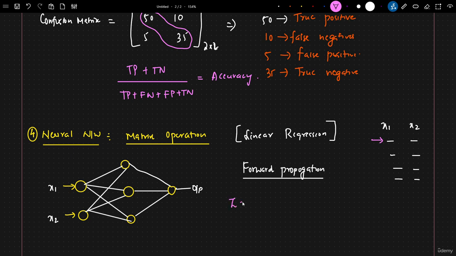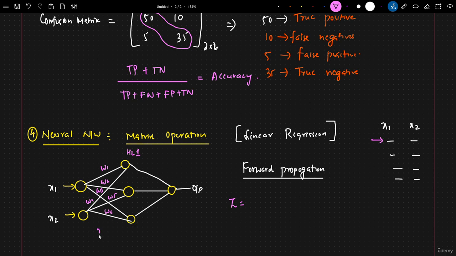Now, my first operation in the forward propagation: when this input is connected to the hidden layer, weights are initialized like W1, W2, W3, then W4, W5, W6. Here you have two inputs connected to hidden layer 1 by 6 different weights.